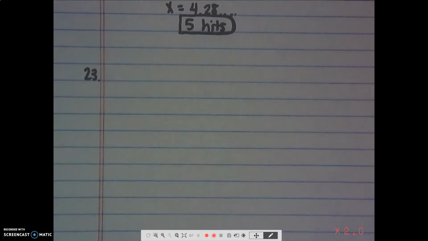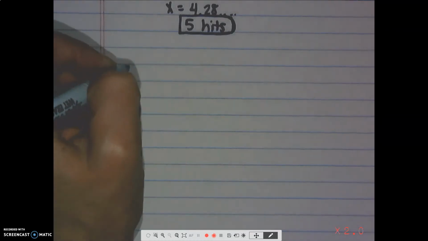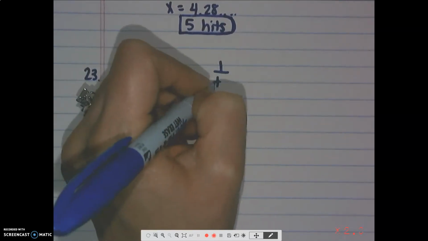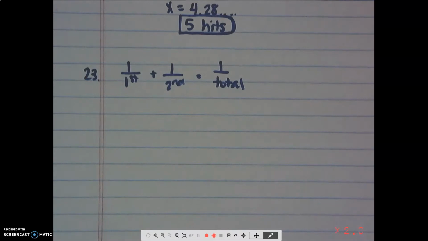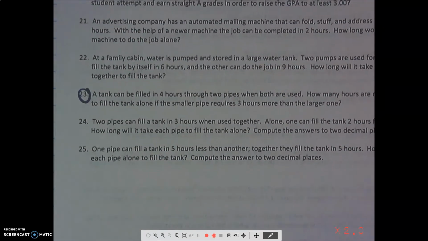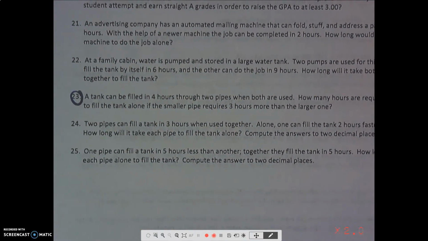So all of these in this section from 21 to 25 are going to use the formula 1 over the first plus 1 over the second equals 1 over the total. Okay, and we're using this because, well, let's go over what the question is first, okay? A tank can be filled in 4 hours through 2 pipes when both are used.